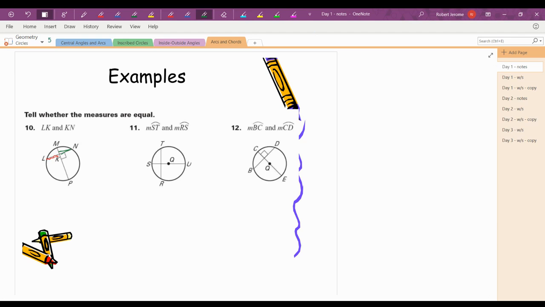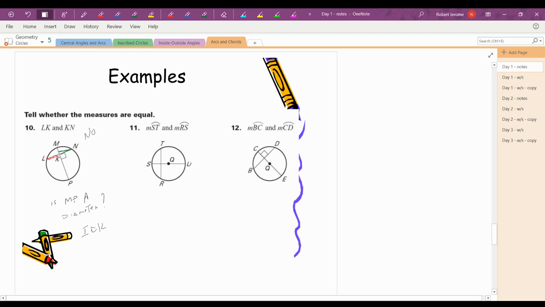The question here is, is MP really a diameter? We have to ask ourselves that. Is MP a diameter? Well, I don't know, because we don't know where the center of the circle is. It looks it, but we really don't know. So we're going to have to say no.